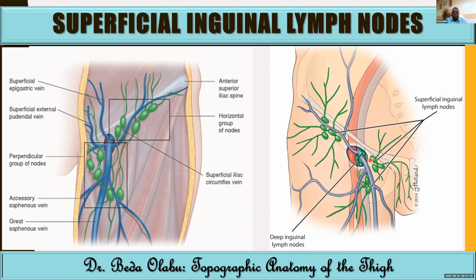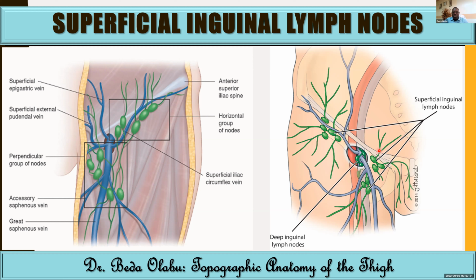Then the medial group of horizontal nodes will be the ones that accompany the superficial external pudendal. So this one will be draining the external genitalia, but they also drain some part of the anterior abdominal wall.